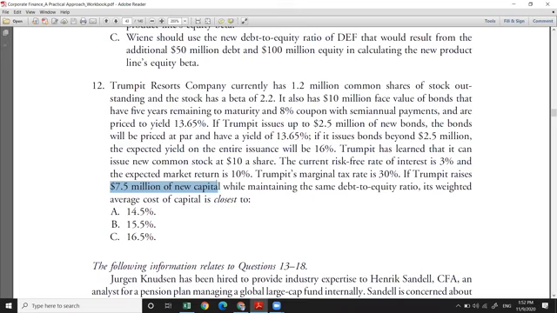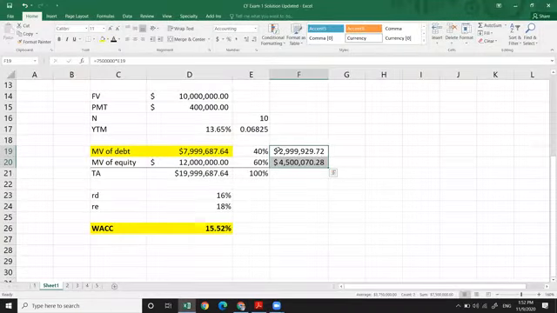They need this money. You can do it through debt or equity, or both. If you're doing both, you should maintain the capital structure at the same level, 40 to 60, which means how much debt and how much equity you need to raise. Even though we don't need to calculate it, I'm just showing you in terms of money.